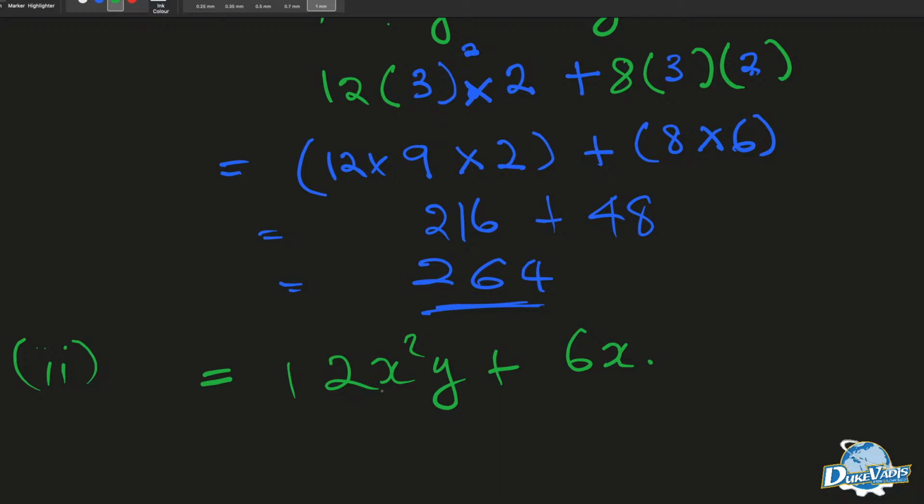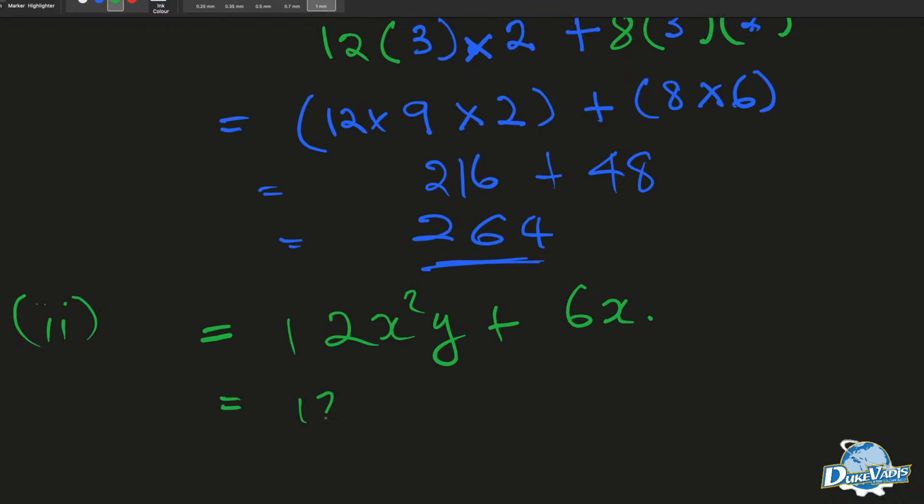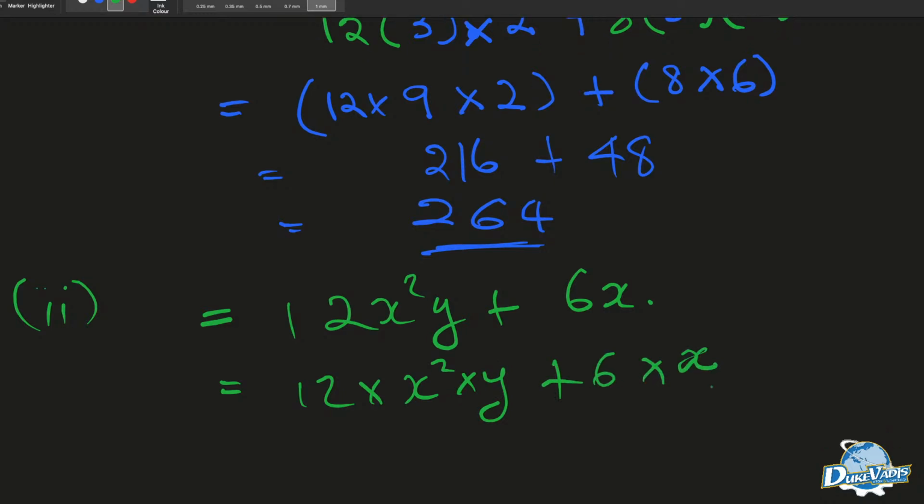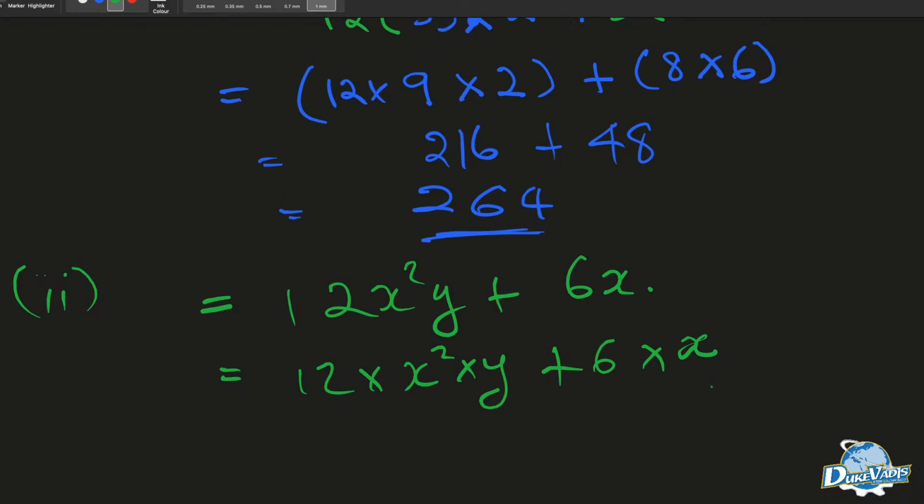So this expression means 12 times x squared times y plus 6 times x. Okay, so let's put our substitute values in different colors.